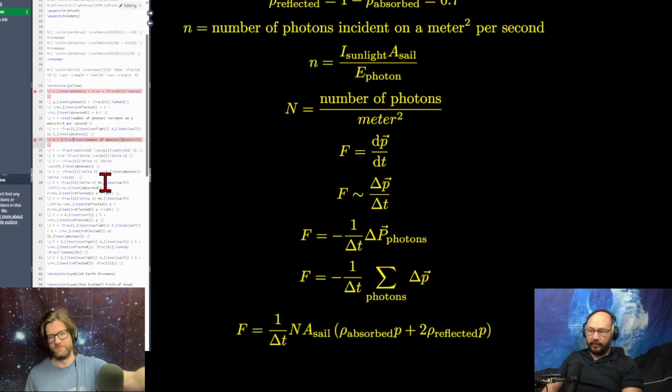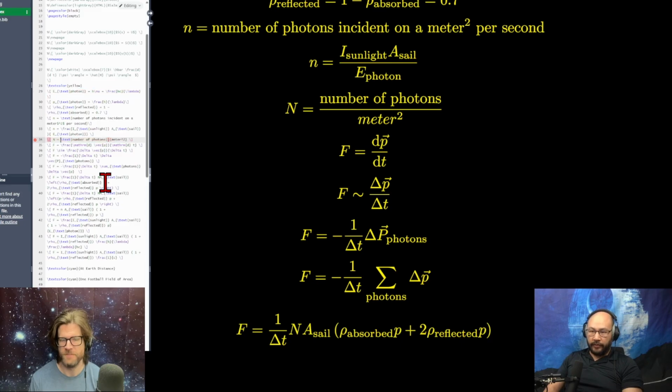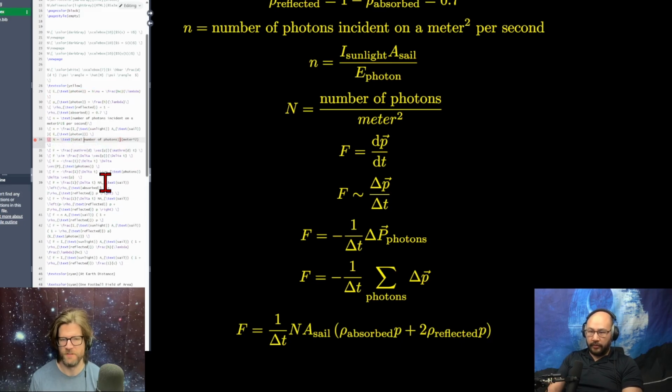You want big capital N to be the total number of photons, not a number density. Maybe we can simplify this by making it the total number of photons incident on the solar sail over some delta T.